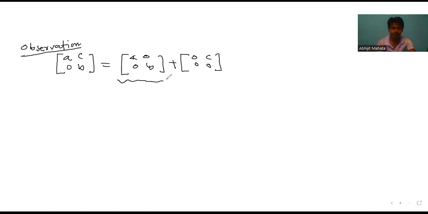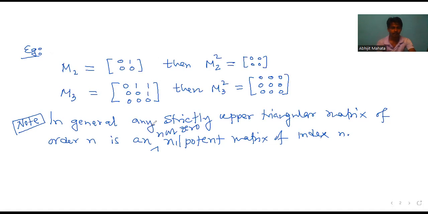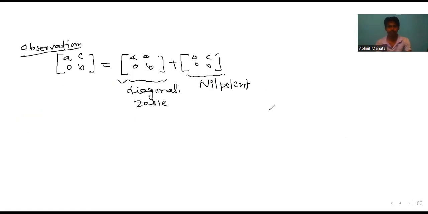The diagonal one is diagonalizable, and the other is nilpotent. You can check because I wrote the theorem that in general any strictly upper triangular matrix of order n is a nilpotent matrix of index n. So this is true.